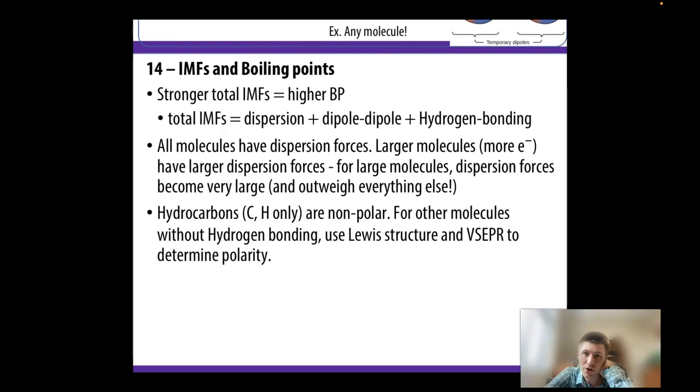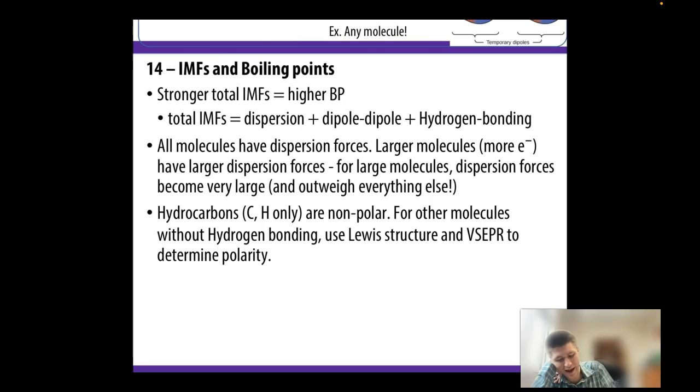Then again, the way we're going to determine boiling points is by looking at the IMFs. If we have overall stronger total IMFs, that will be a higher boiling point. To identify the stronger total IMFs, we need to look at all of the different IMFs. So we need to compare how much dispersion it has, what dipole-dipole forces it has, and what hydrogen bonding it has.